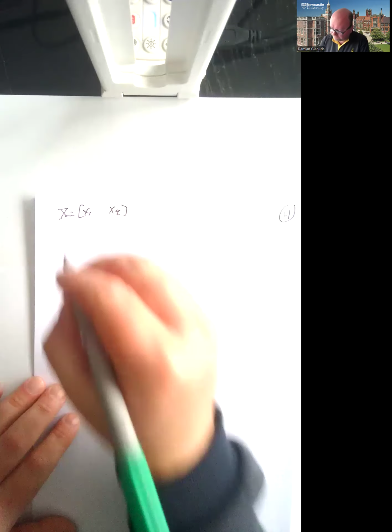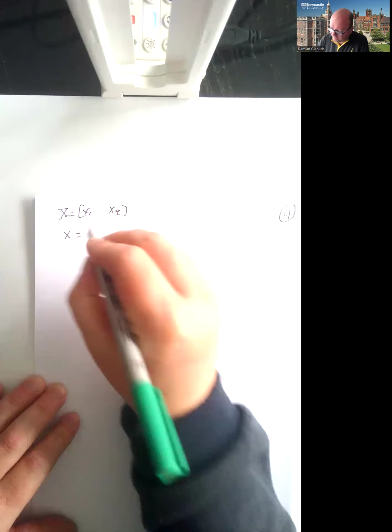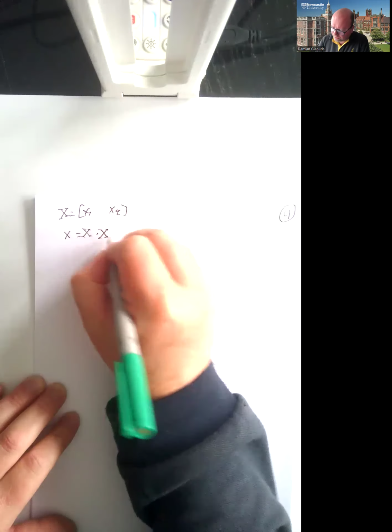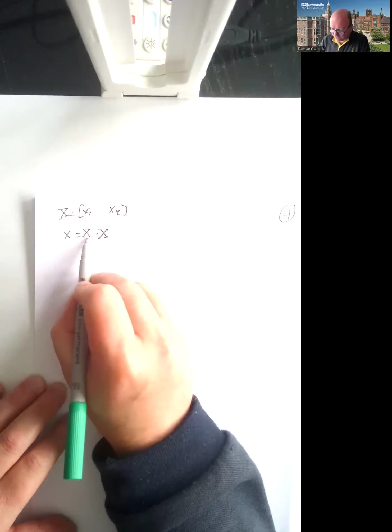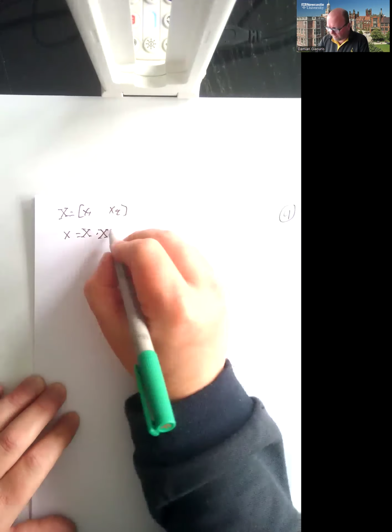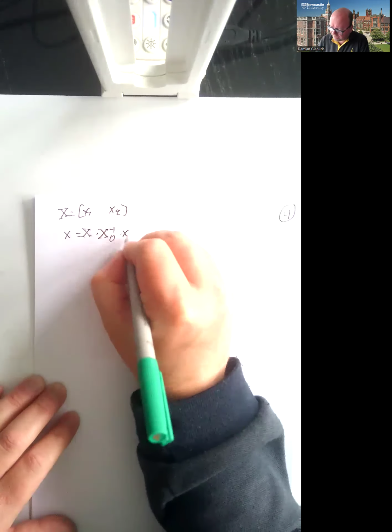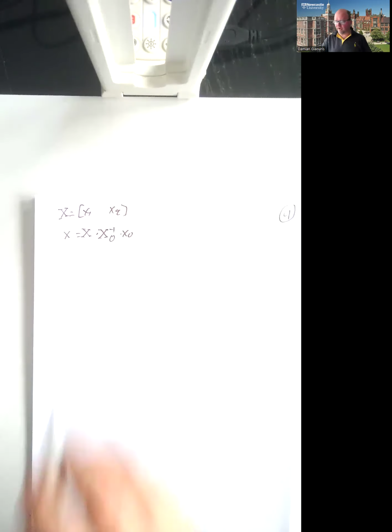Nothing really tricky. If you find the fundamental solution matrix, then you can take the product of the fundamental solution matrix with the inverse of the fundamental solution matrix evaluated at t equals 0 times x naught to find the value of x, the solution.